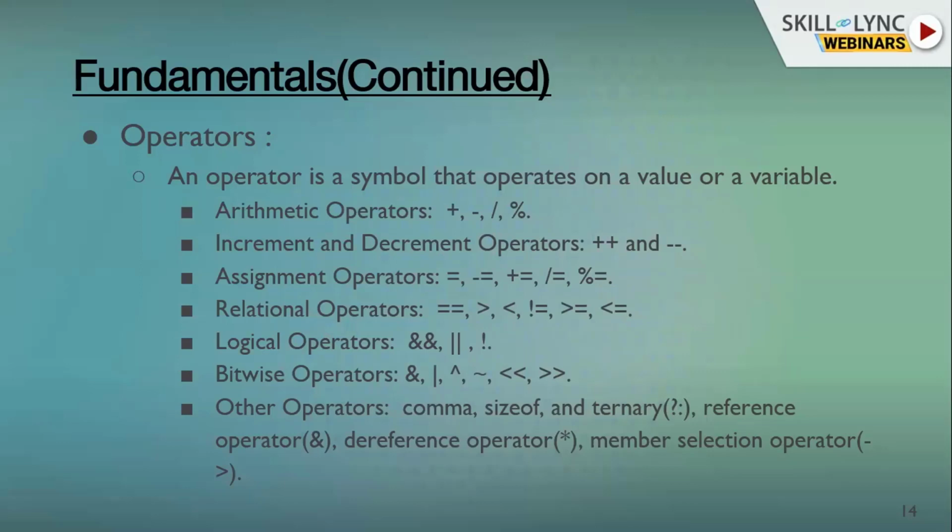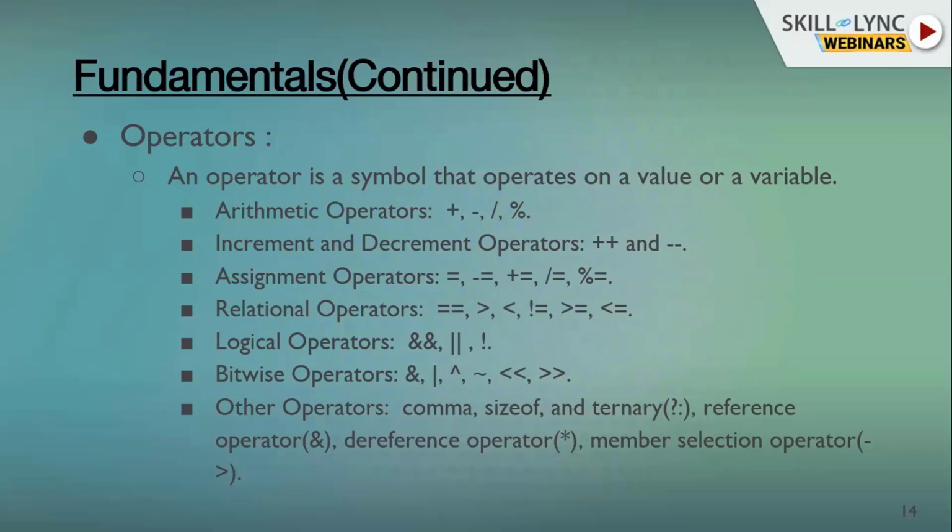Assignment operators are used to assign any value to any variable. You can have compound statements as well, where you assign the value with an additional operation. And we have relational operators. Relational operators will compare two operands and then return true or false.